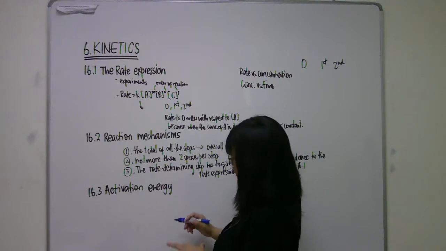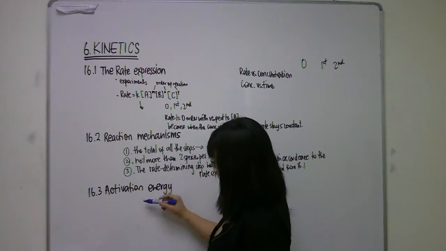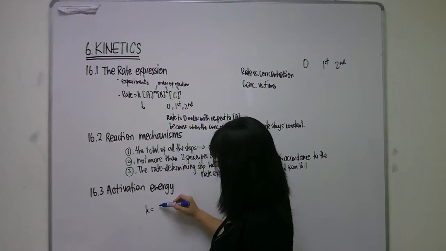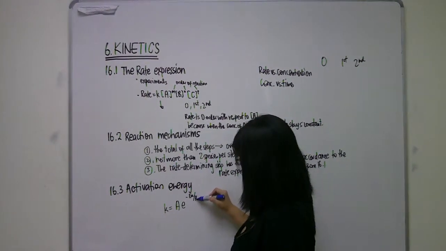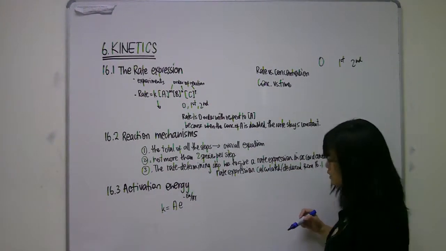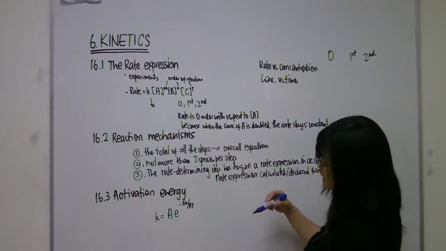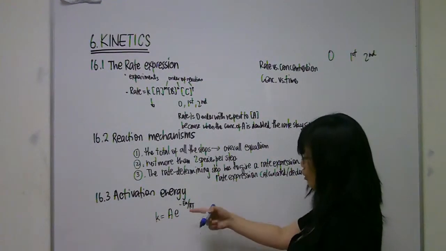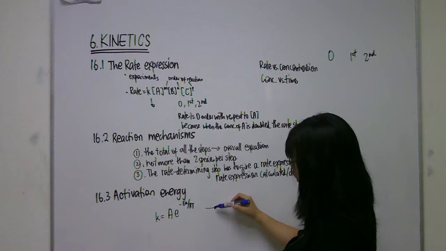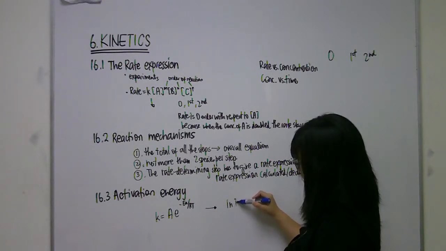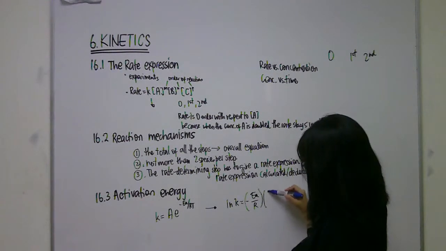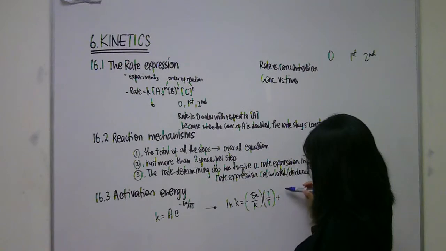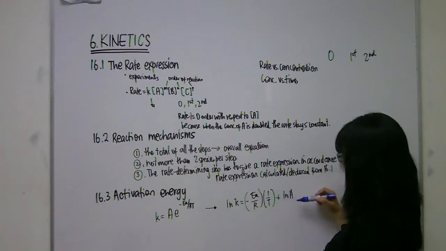Activation energy revolves around this equation. K is the Arrhenius equation. What the students need to know is that when you take ln on both sides of this equation, you will have this equation, which is actually a straight line equation.